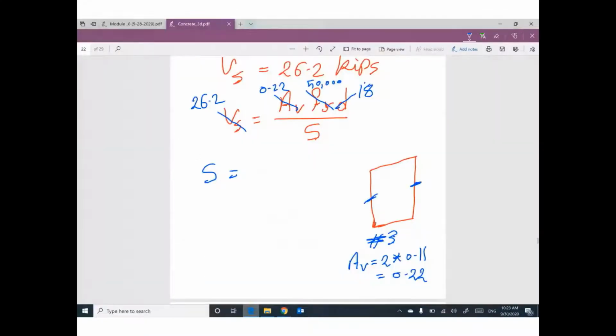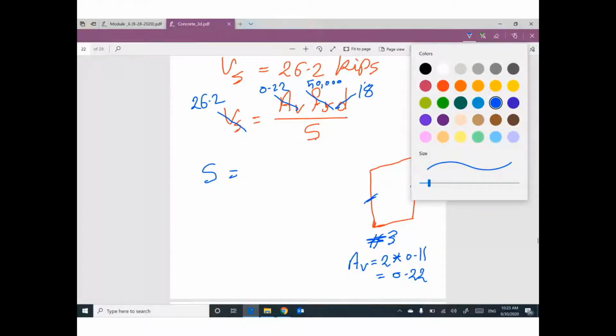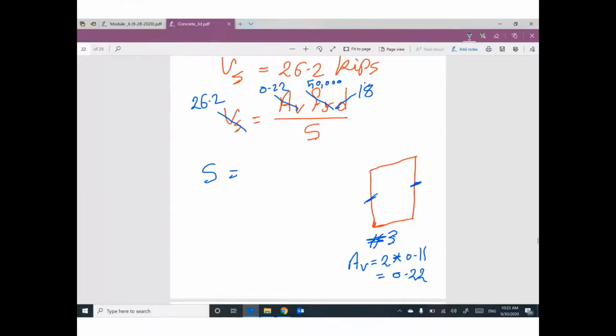Guys, if you watch the units for the right side of this equation, this depth is in inch, this area in inch square, this Fy 50,000 PSI, which means pound per inch square. And this spacing will be in inch. So everything on the right side is in pound and inch. That means the left side must be in pound and inch.